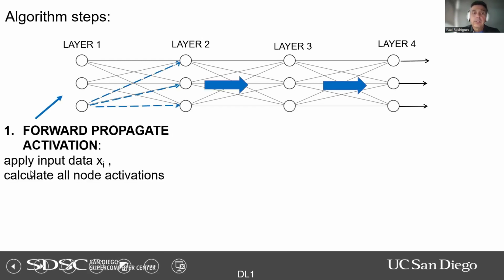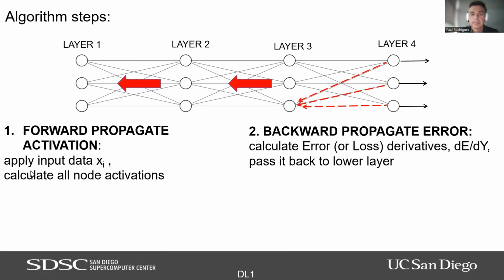The first thing you would do when you have some input is forward propagate it. So you apply the input to your first layer. Sometimes I draw it out as a layer 1, sometimes people don't. So we apply our input data, calculate node activations at the next layer, and keep propagating that forward. Then for error correction or for training, we do the back propagation step.